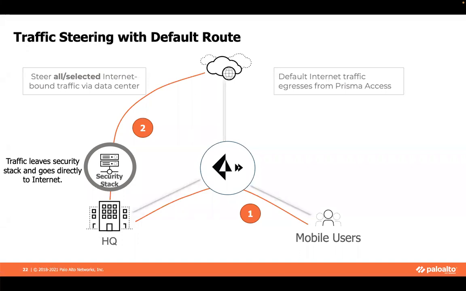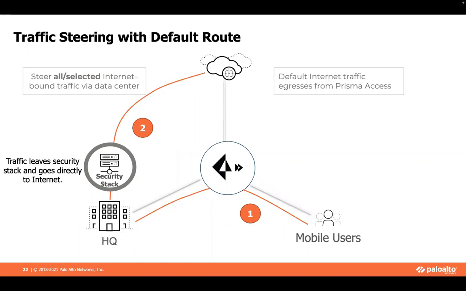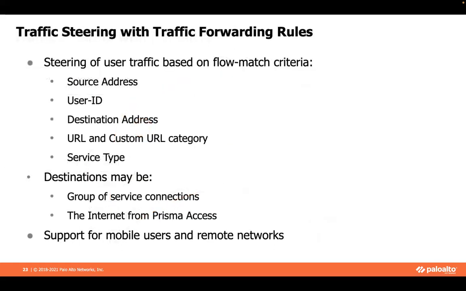So I could say, well, I've got some traffic that I want to go ahead and send out to the internet, but I have other traffic that I want to force back through headquarters and then through my security stack and out to the internet. So now I can designate that traffic using different criteria, override that default behavior of Prisma Access.